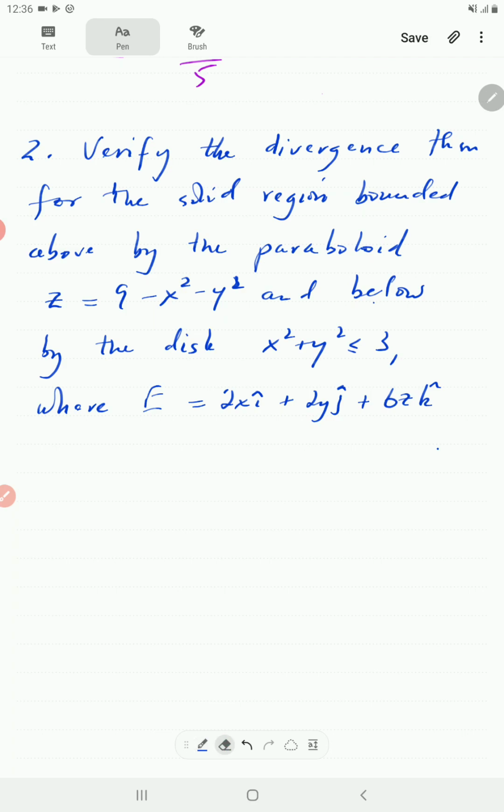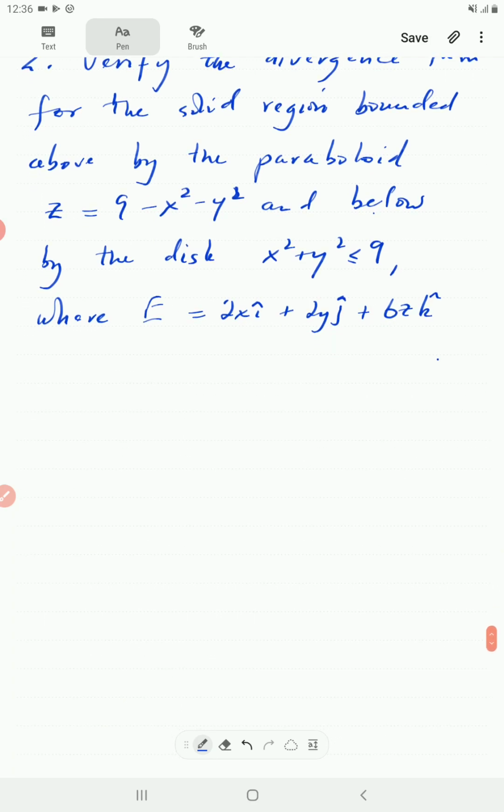This should be less than or equal to 9, because it's basically the point where z equals 0 is the intersection of z equals 0 and the xy plane.